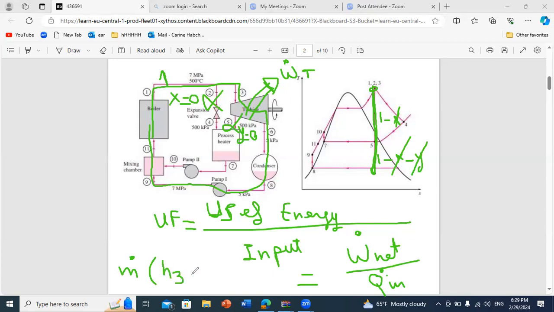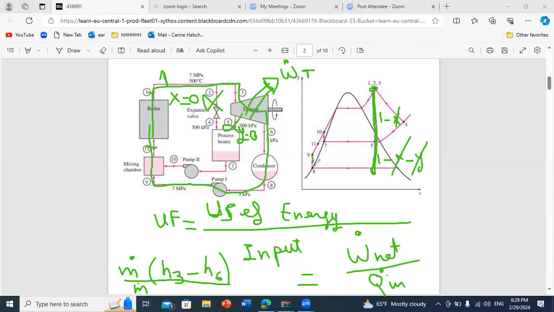So it's H3 minus H6 over Q dot N, which is m dot times, in the boiler, between points 11 and 1. So I just do over m dot H. And point 11 here will be exactly the same as point 9.